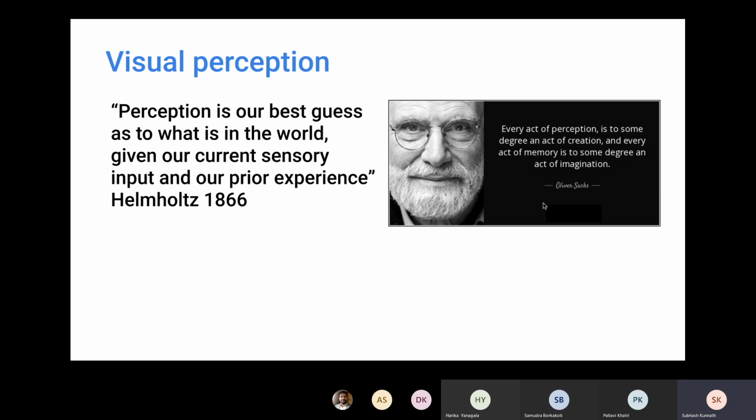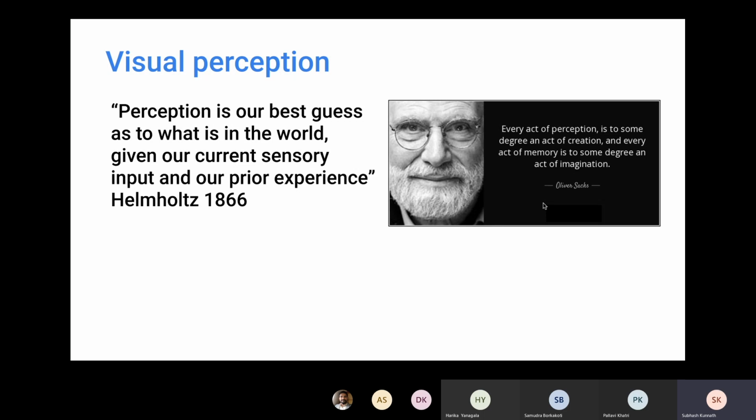And these are two quotes from two different people. Helmholtz was a German physicist, and he says that perception is our best guess as to what is in the world given our current sensory input and our prior experience.